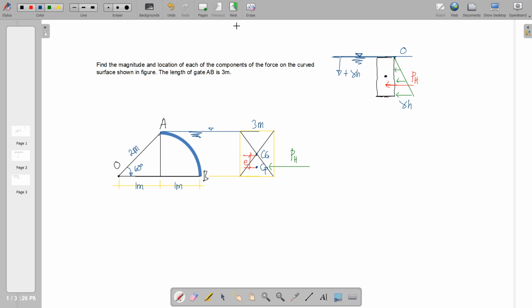And what would be the essence of knowing that triangular form? So the essence here is if this dimension is h, therefore we'll just have to get the centroid of your triangular pressure. Okay, triangular pressure, this is 1/3 of h, or h all over 3.